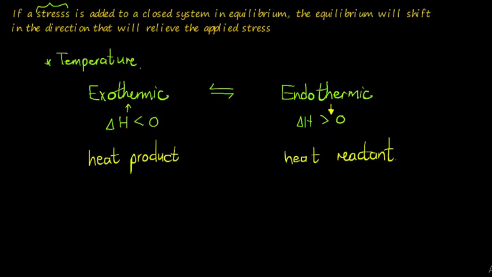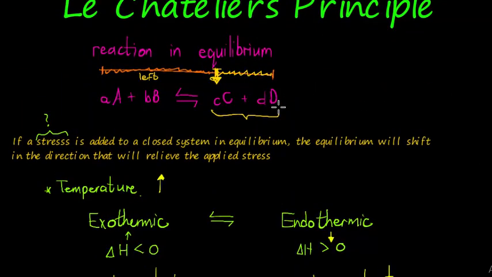So if I increase the temperature, I am definitely increasing something on the left or to the right. Now if I increase temperature, it means I'm adding a reactant, either a reactant for the reverse reaction or a reactant for the forward reaction, and that places a stress on the system.